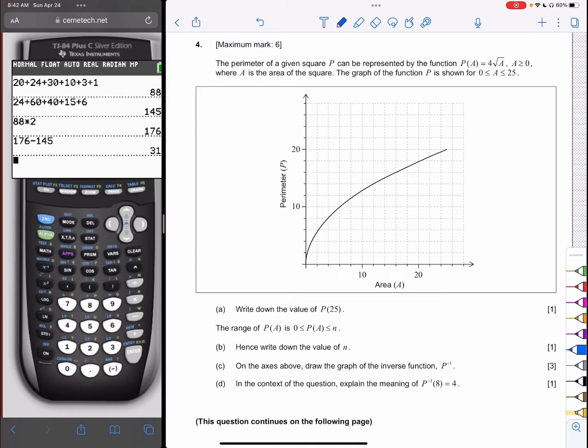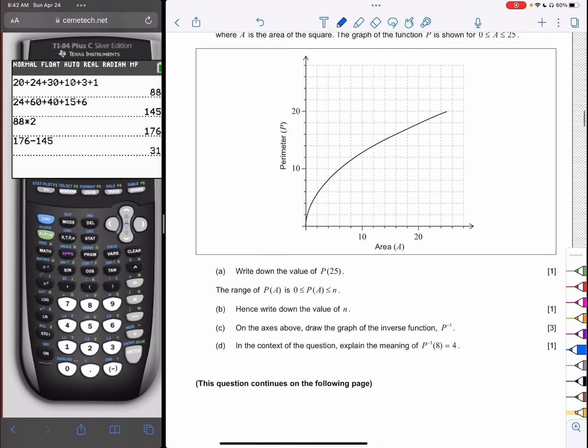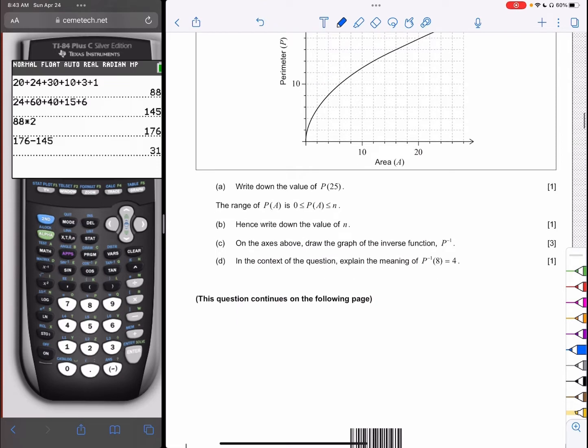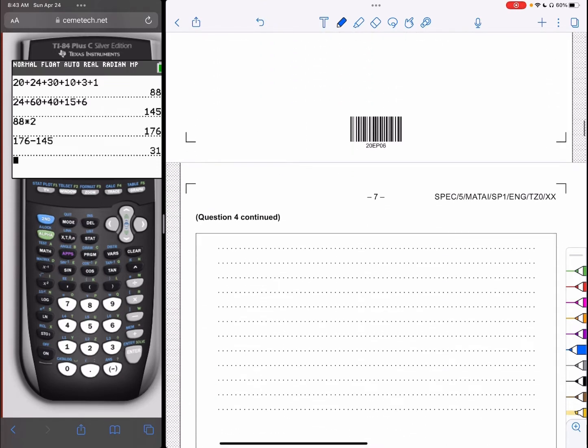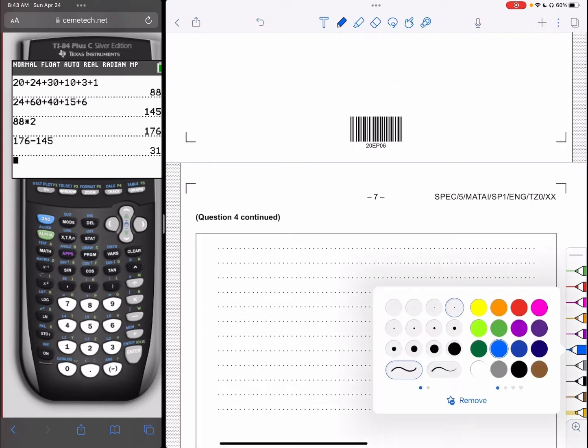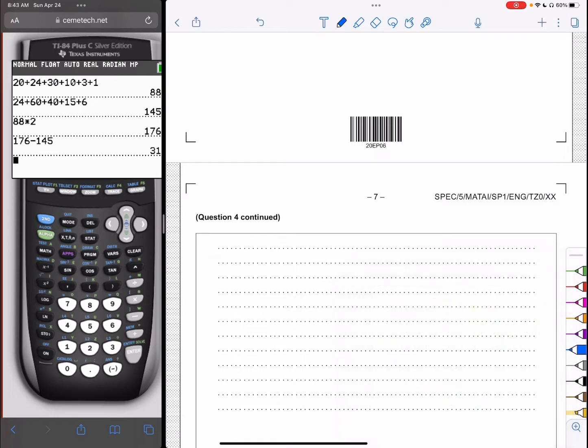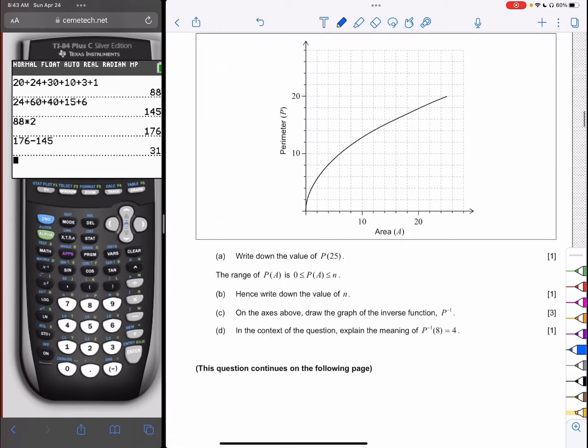All right. So the first thing that they want us to do is write down the value of P of 25. Well, we already know that the formula or the equation for P of A is that P of A is equal to 4 times the square root of A here.